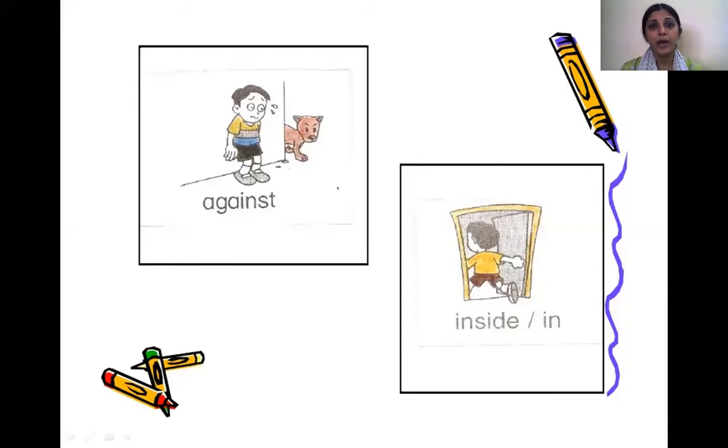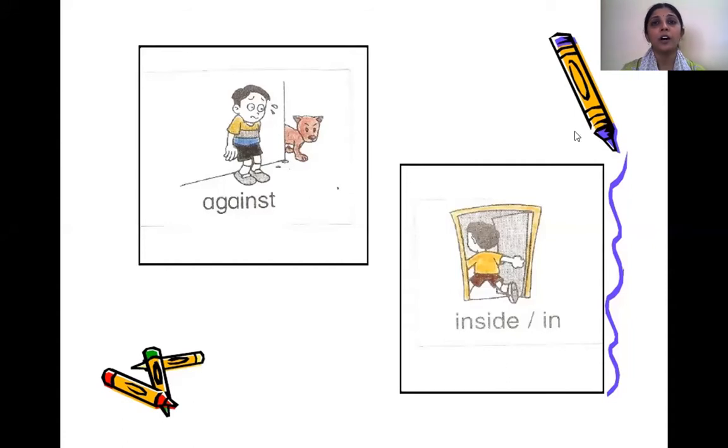Then you have against and inside or in. Against is just in the sense of opposite. In the image, there is a small boy who is standing against the wall. When you are showing your back to the object, then it is against.